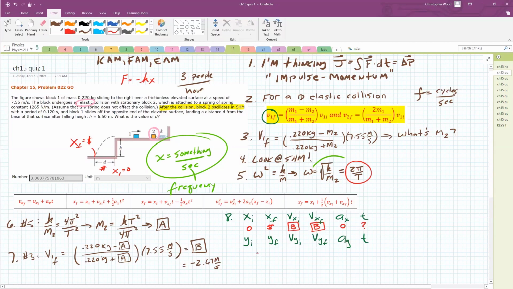As far as y is concerned, it starts off at an initial height of h, which for me, do I know what h is? Yeah, 6.5. This is 6.5 meters. This is 0. So this would be y final equals 0. This would be y initial equals h equals, for me, 6.5. Vy initial is 0. It's a perfectly horizontal launch. Vy final is, I don't know.